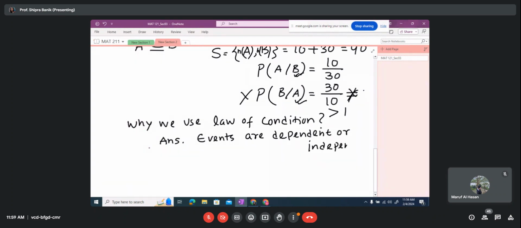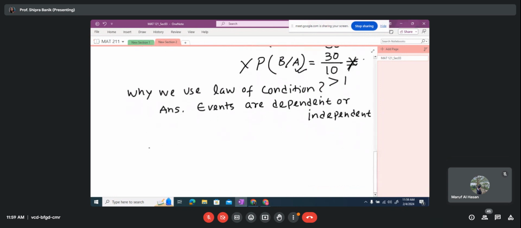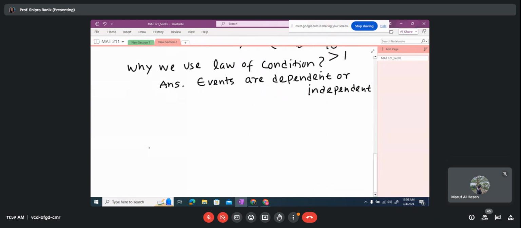Okay, look at this. Now recall, for example, if we have the probability of A given B, I showed you the calculation. Suppose it is 0.30, we got the answer.